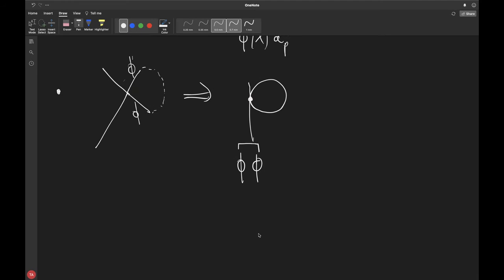And then the only thing which is left is when we are contracting a final state with a field. So now we have the situation, and we have an a_p operator here, or it could be a different momentum, could be a_q. So a_q is now contracted with this, which will lead to this situation.